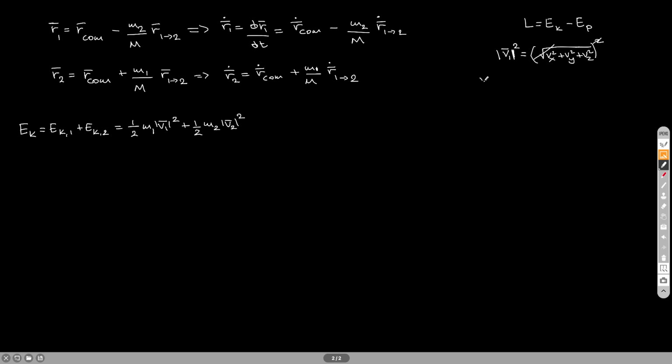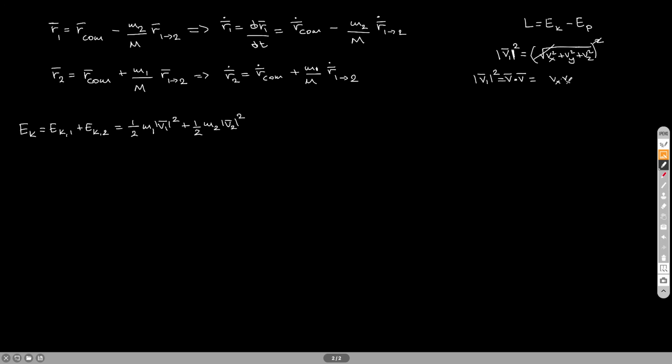Now here is a thing, I can write this as v dot v. So you may be familiar from introductory physics what this is. This is the dot product between two vectors. And by the definition of the dot product between two vectors, what this is equal to is the x component of the first vector times the x component of the second vector.